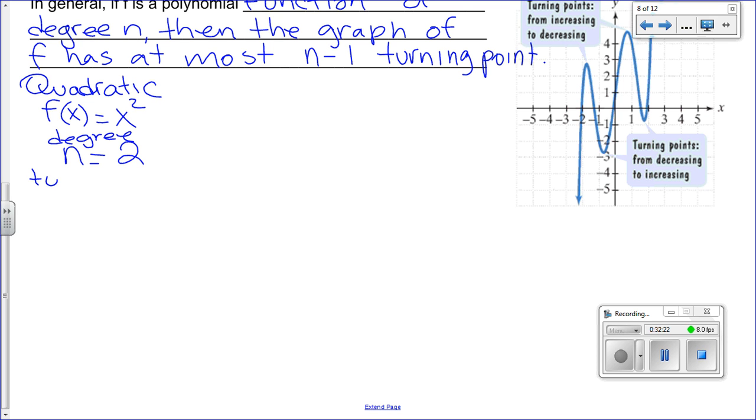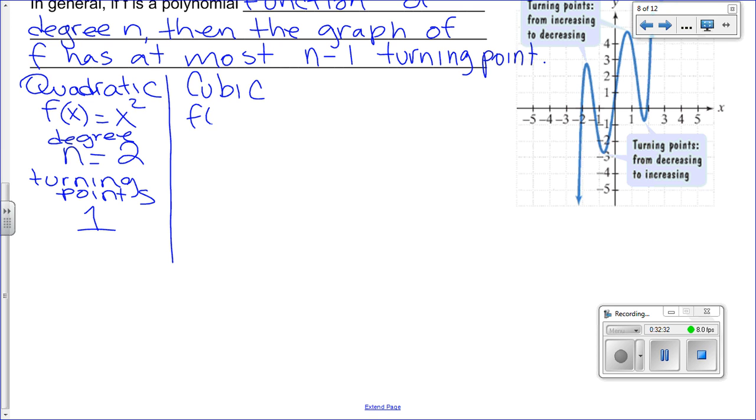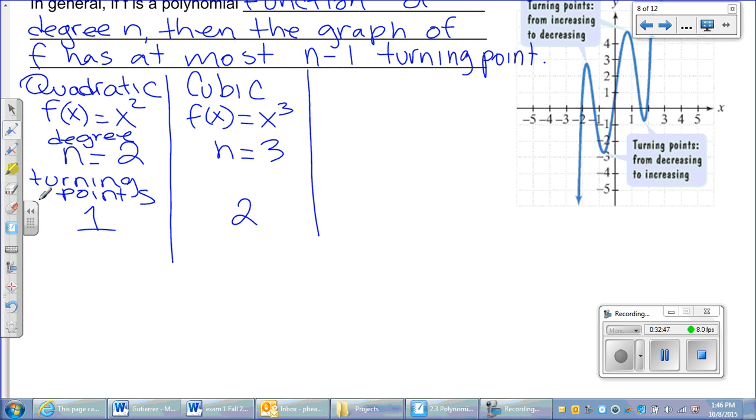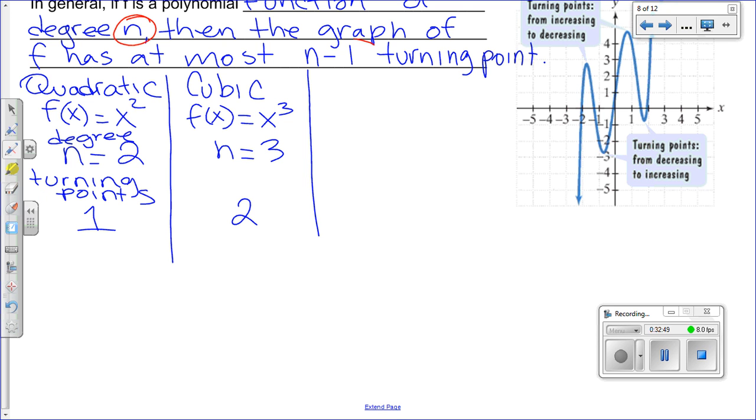So turning points: 1. Let's think about a cubic function. The degree is 3, right? So how many turning points are we going to have? 2 turning points. One less than the degree. Correct, 1 less than the degree.